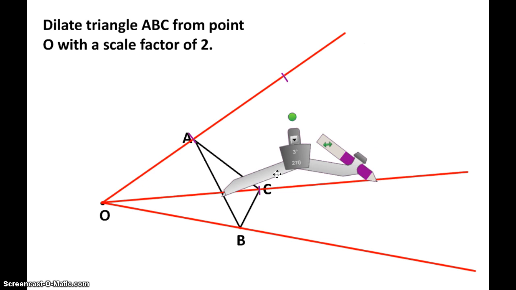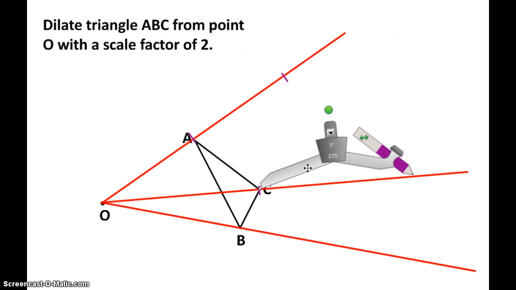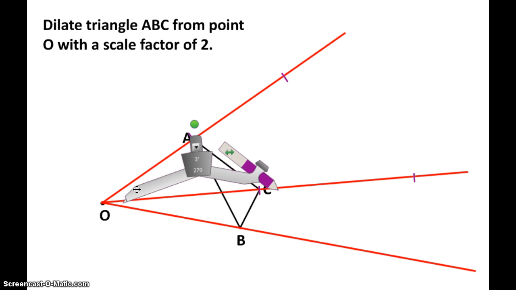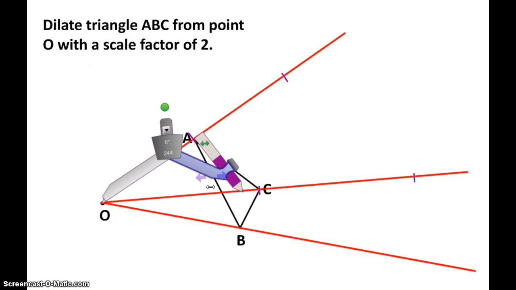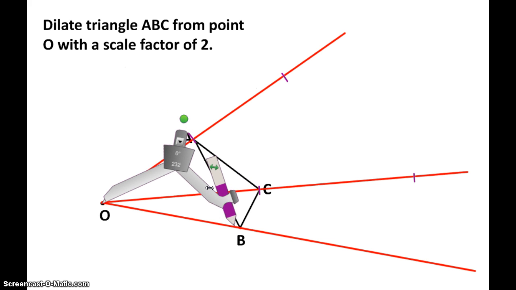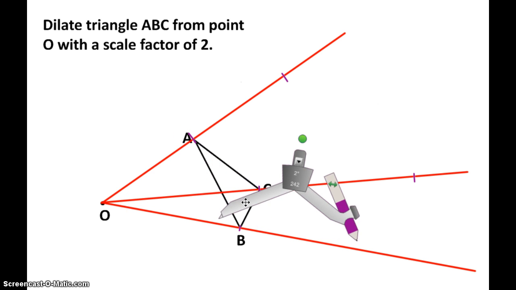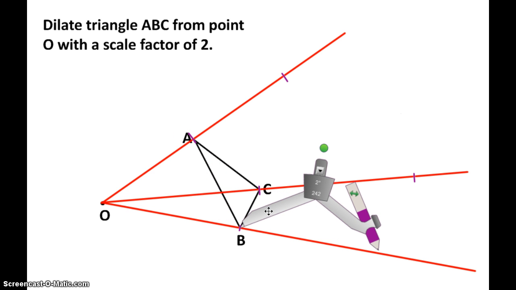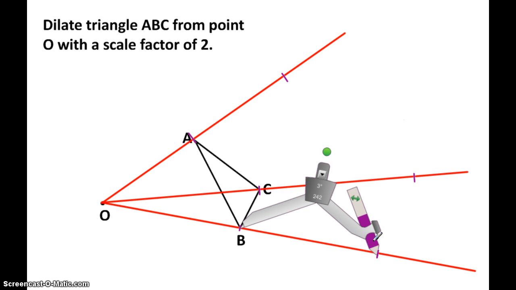So very carefully move this very stretched out compass. And mark there for your new C prime. And then from O, you're going to measure to B. And then make your mark from B right here.